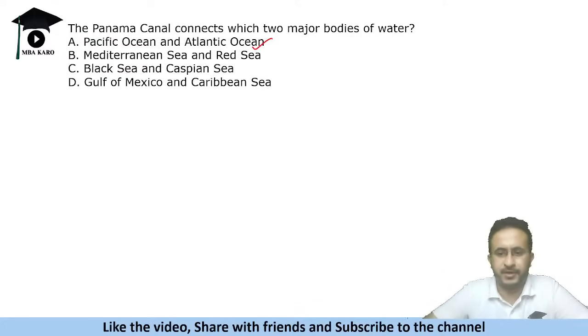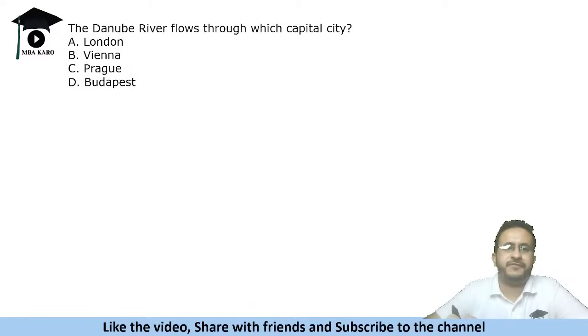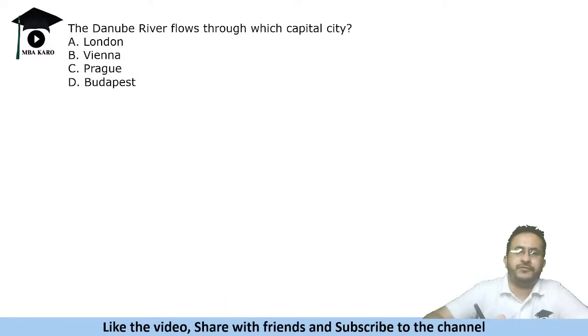That is the significance of the Panama Canal. The Danube River flows through which capital city? Yes, it flows through Budapest, the capital of Hungary.